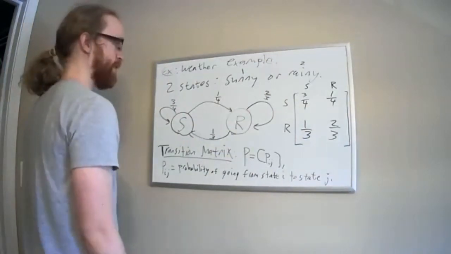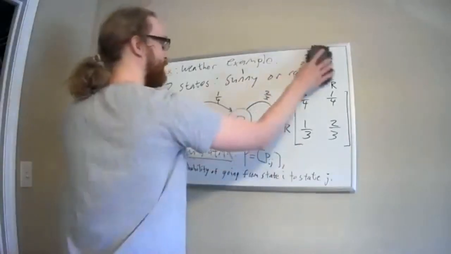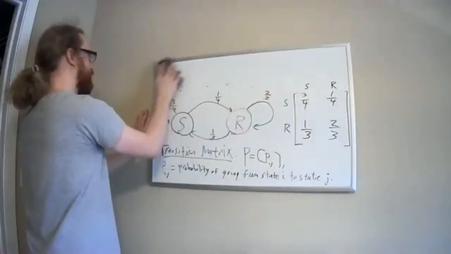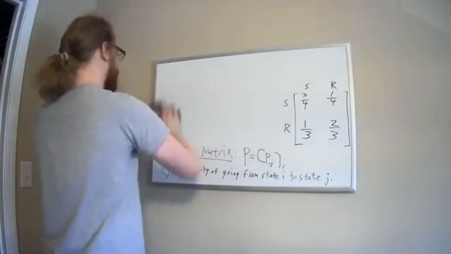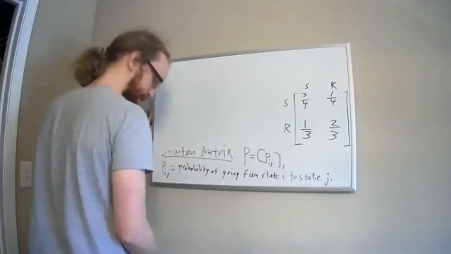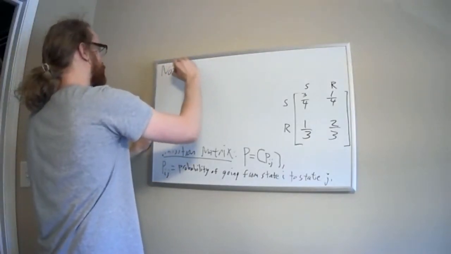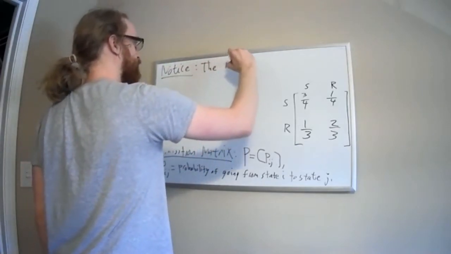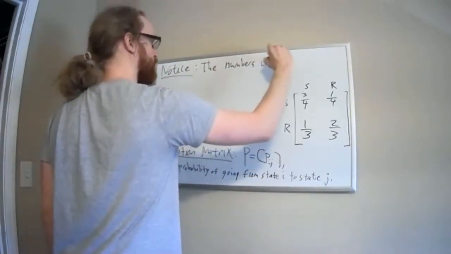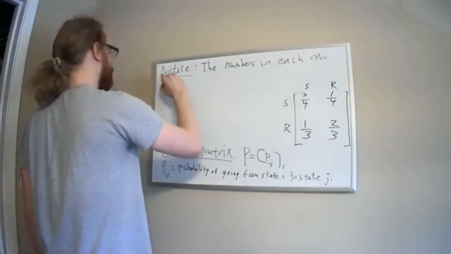The last thing I want to point out about transition matrices right now is the following fact. Look at that transition matrix. Notice the numbers in each row. The numbers in each row add up to 1.